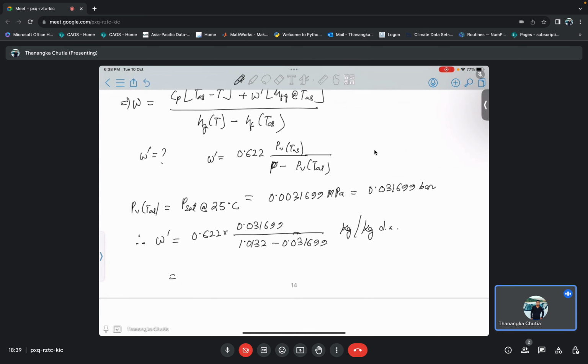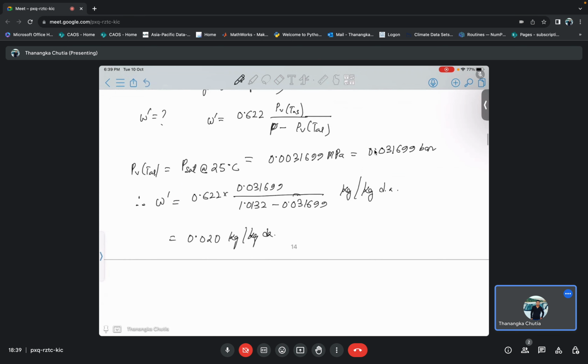So quickly do this, what you will get is 0.020 kg per kg of dry air. So this is what you have got, W prime.